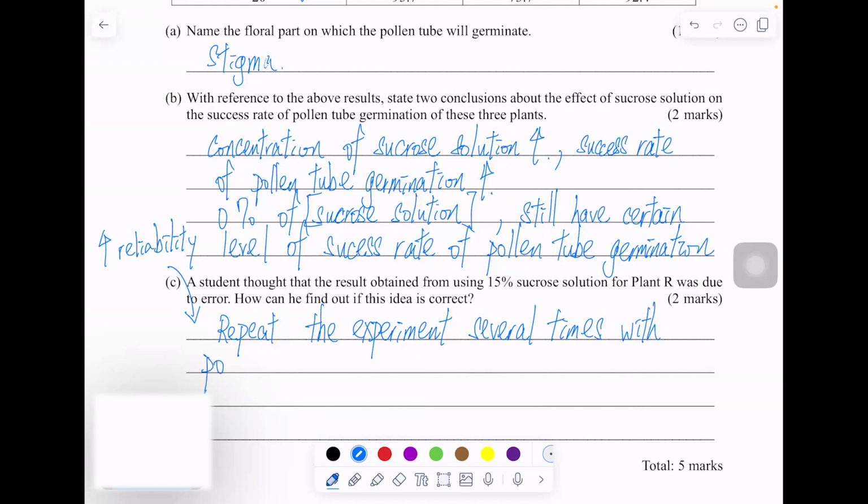Okay, so with the pollen grain from plant R, to take the average successful rate.